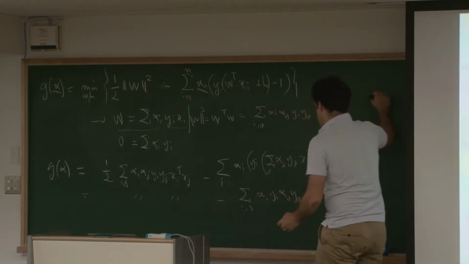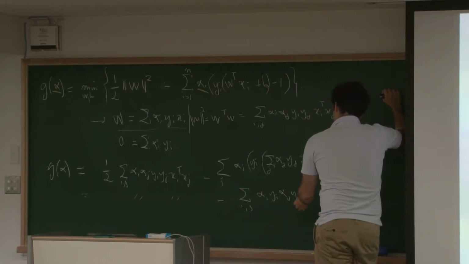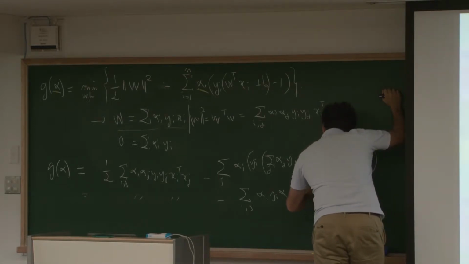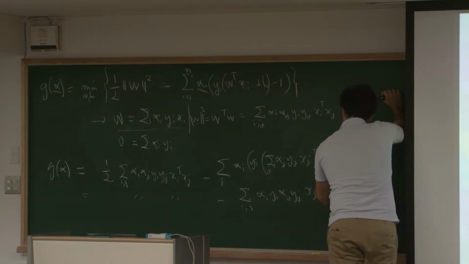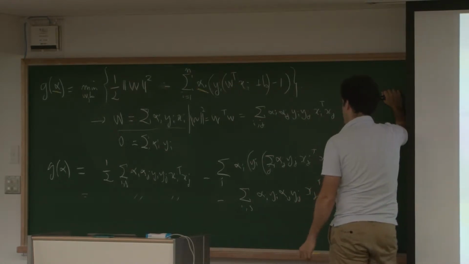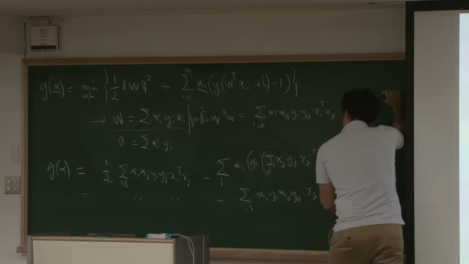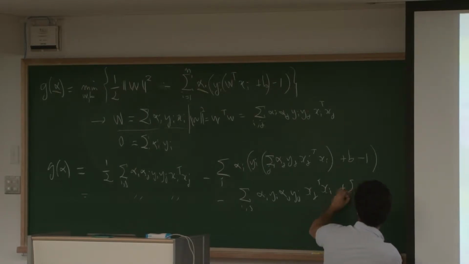I haven't done this in a while, so that's why it's okay. Plus the sum over i of yi times b, plus, so that's probably a minus, plus the sum of alpha i.